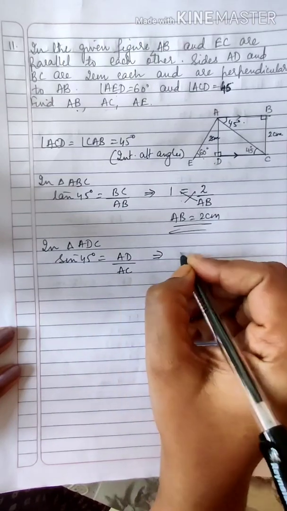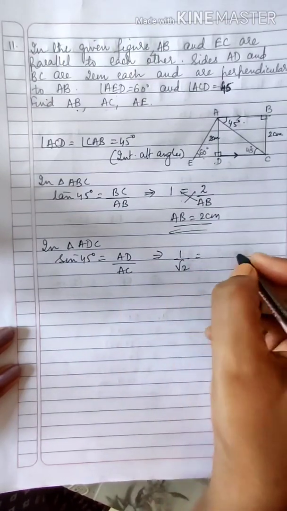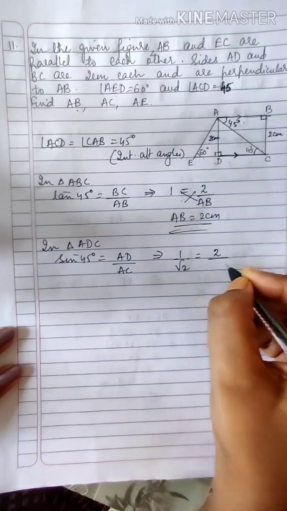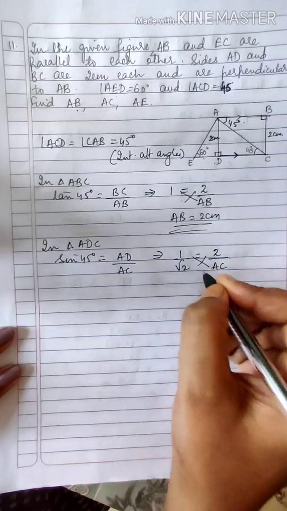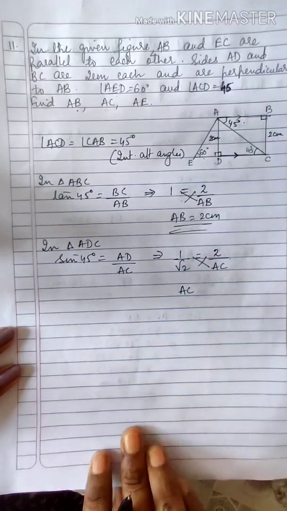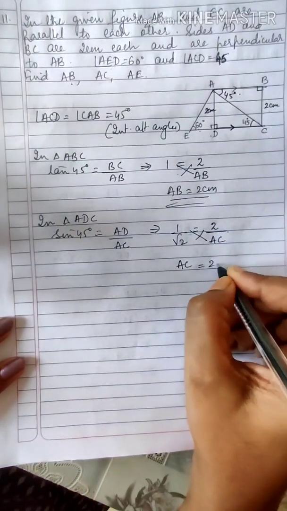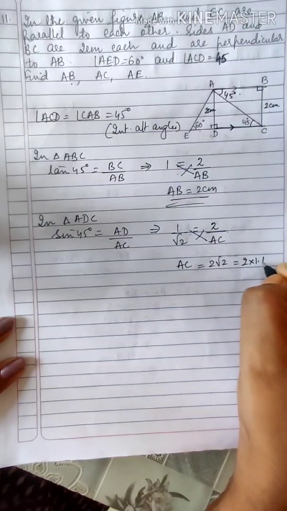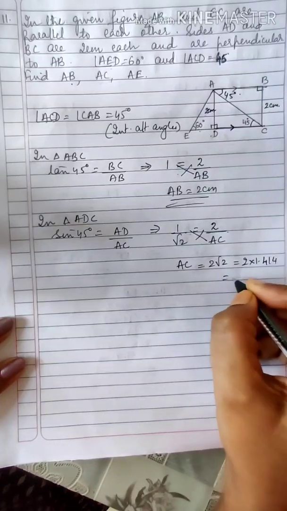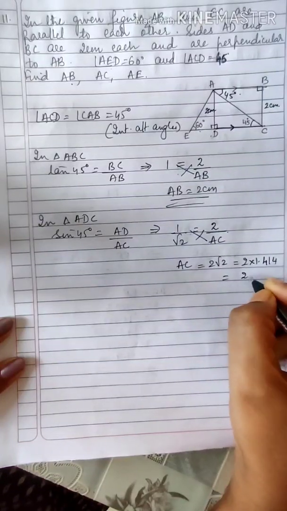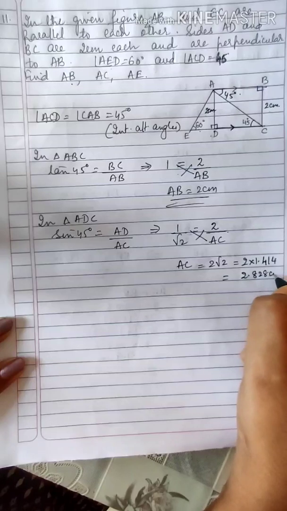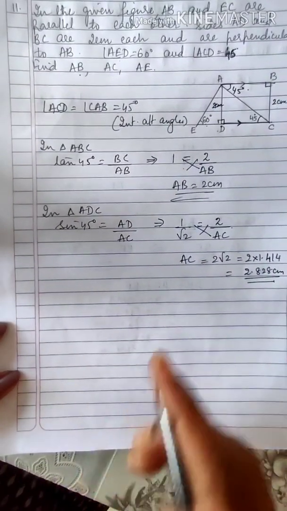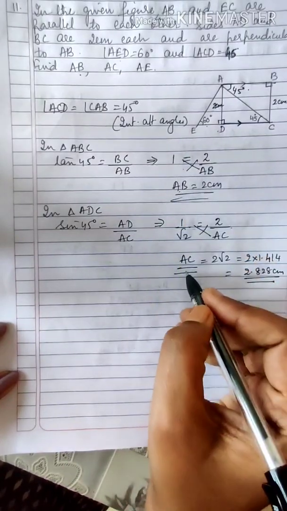And you know sine 45 is 1 by root 2, equal to AD, given as 2, upon AC. Do the cross multiplication. So you get AC is equal to 2 root 2 and you know the value of root 2 is 1.414 which will give you 2.828 centimeter. So this is your AC. So you found out AB, AC.